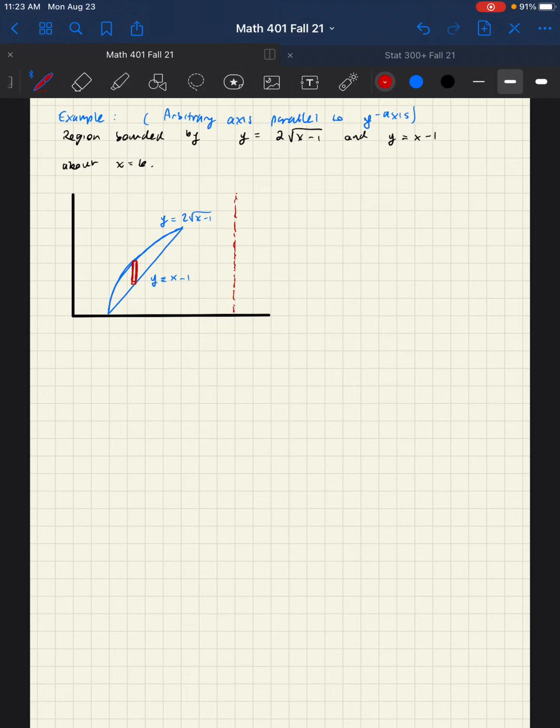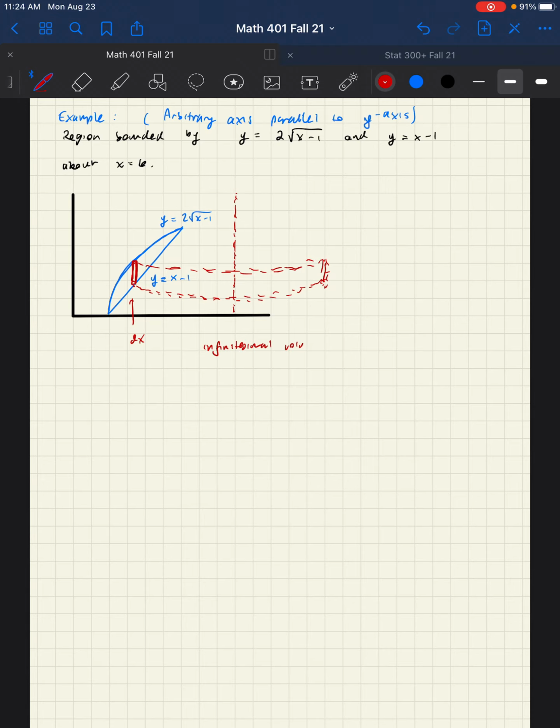And now if we think about our infinitesimal shells, let's be careful here. Our infinitesimal shells are still going to have a thickness of dx, but they're being rotated all the way around this line. So the distance that actually defines this radius is the distance from this arbitrary axis.